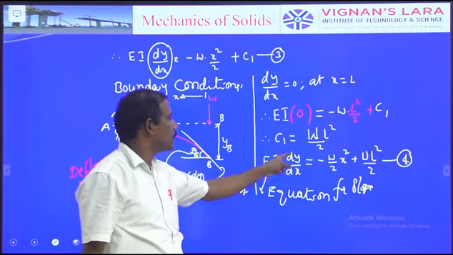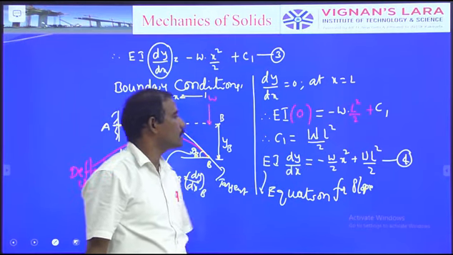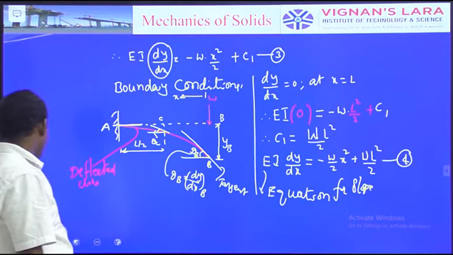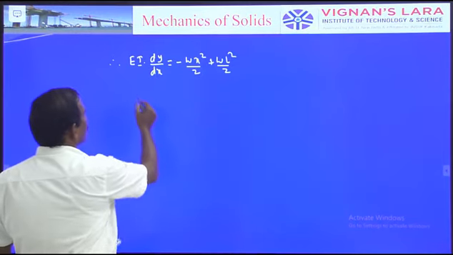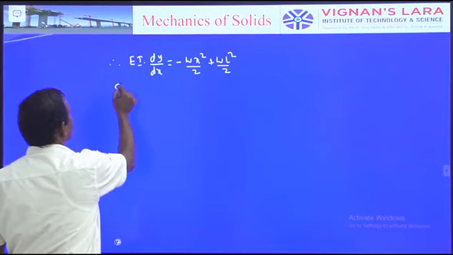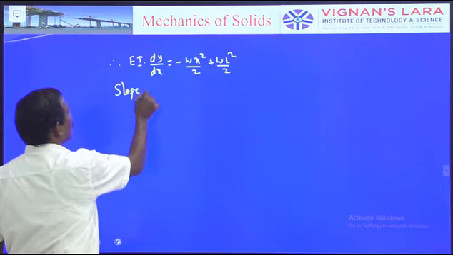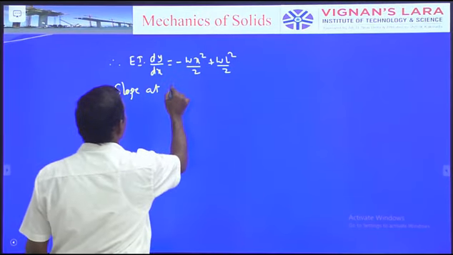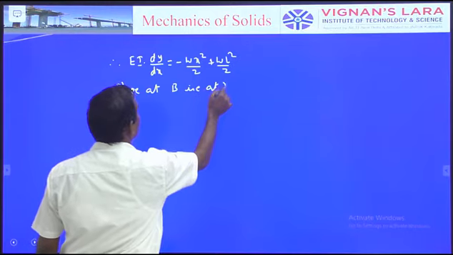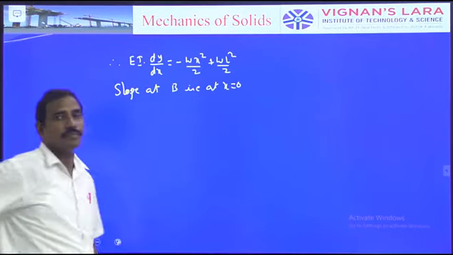What we have to calculate is the slope at B, it means at x is equal to 0.